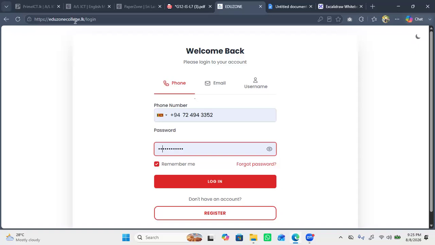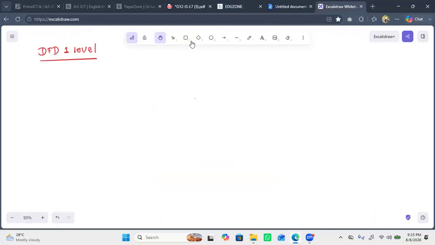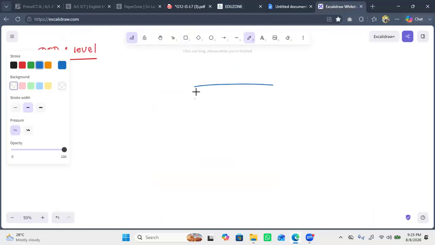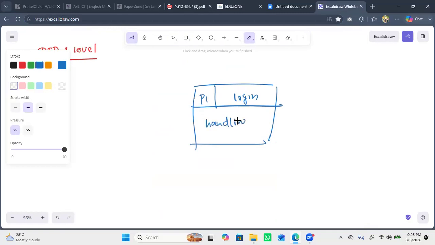Now we are talking about the Eduzone College login system. Quickly, I will draw a process. If it is a login, I can say P1 Login, handles login. I'm writing a small description of the process, handling user login, right? Something like this.